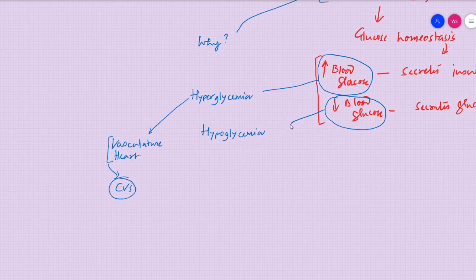The brain needs glucose for its metabolic activity. Okay? It needs glucose. It cannot survive without glucose. So hypoglycemia is detrimental to the brain. Now, if you think about it, if your heart is compromised and if your brain is compromised, your survival cannot be guaranteed.